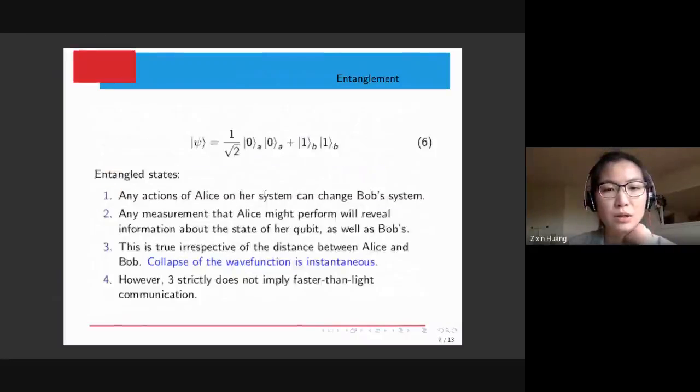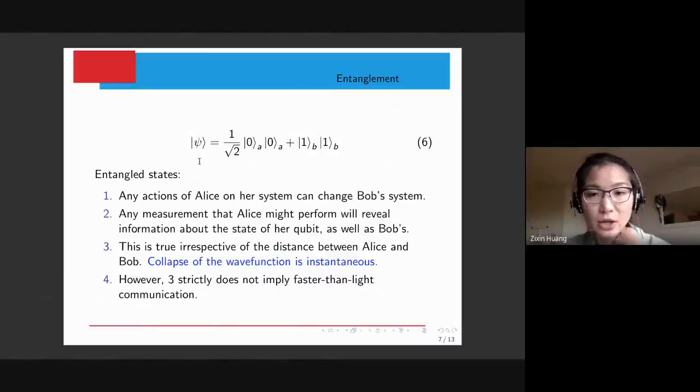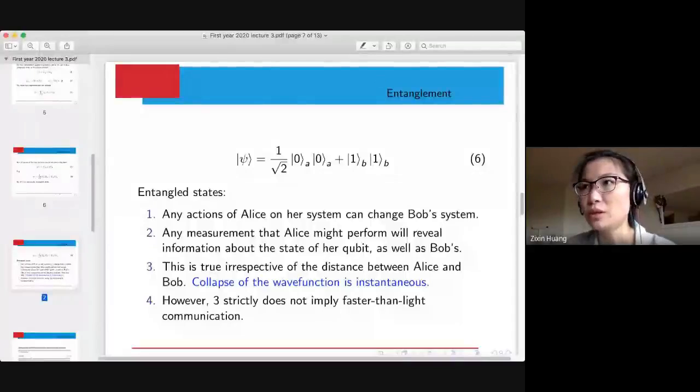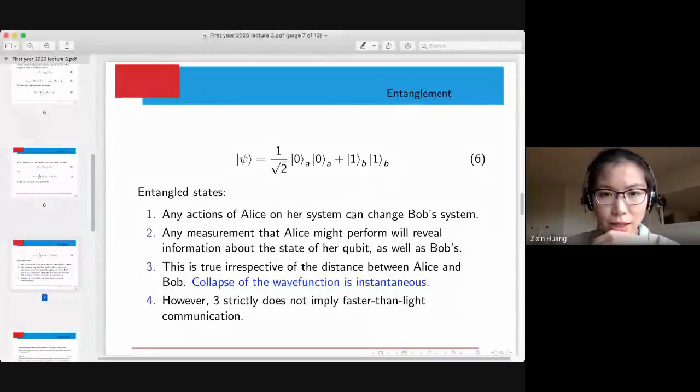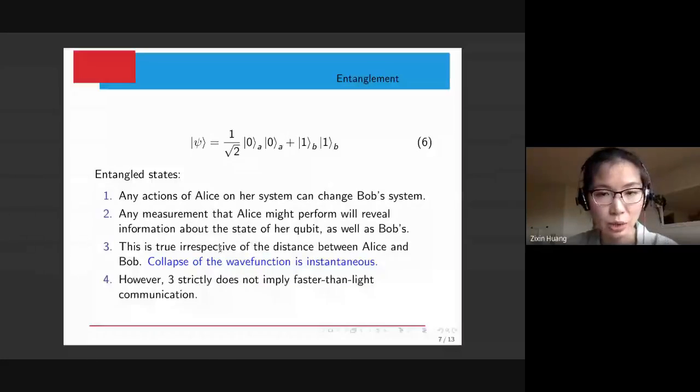So if the two parties do possess such a state, it means that, one, any action of Alice on her system is going to change Bob's. And two, any measurement that Alice might perform will reveal information about the state of her qubit as well as Bob's.